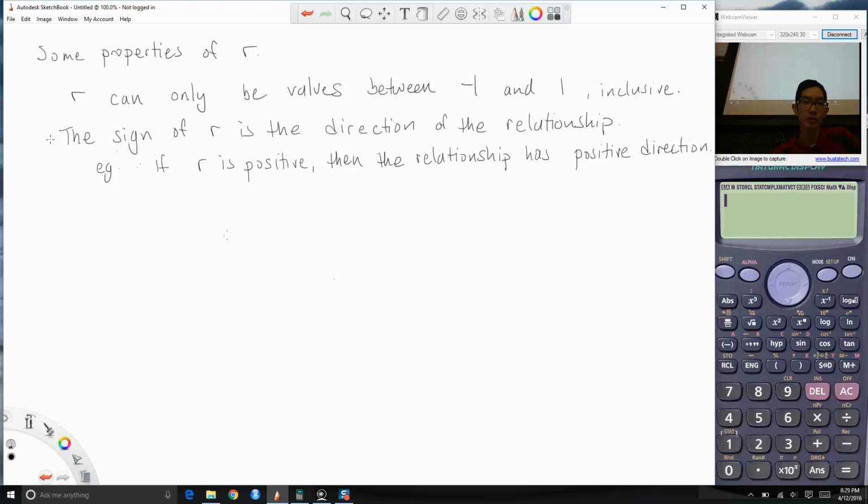Okay. And then basically the magnitude of R tells us the strength.